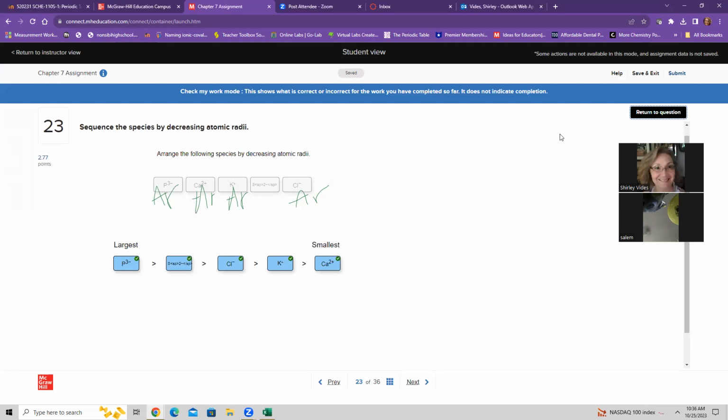So you know that the pluses are going to be the smallest because they all get to look like argon, but they already started a certain way. So no, you can't do that with these. They're all argon. So the smallest is going to have to be the one that lost the most electrons. And then the one that still lost electrons would be the next one.